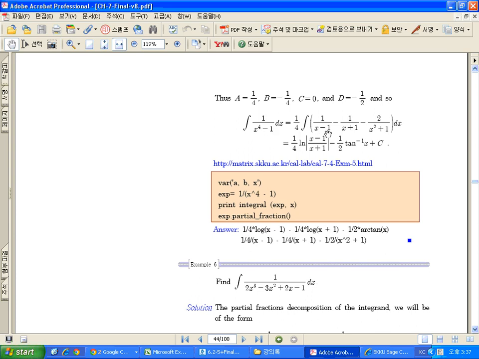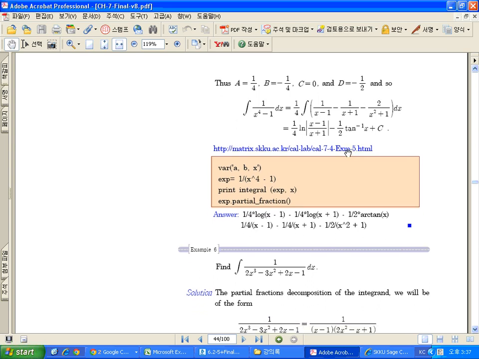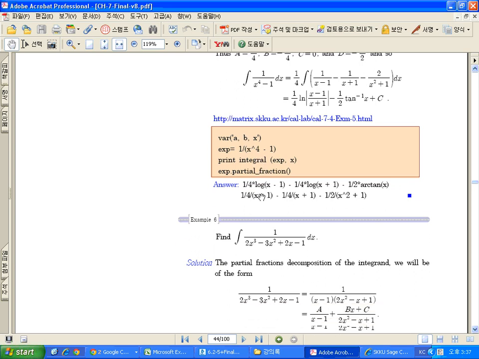So the given expression can be simplified in this way, with a logarithm, a logarithm, and an arctangent like this. But this whole process can be simplified in CAS with the same command that we introduced.